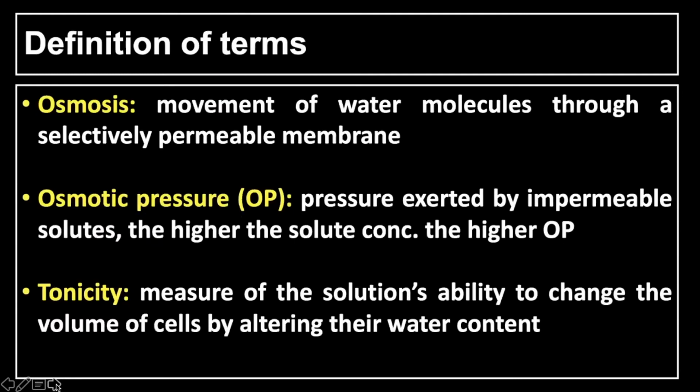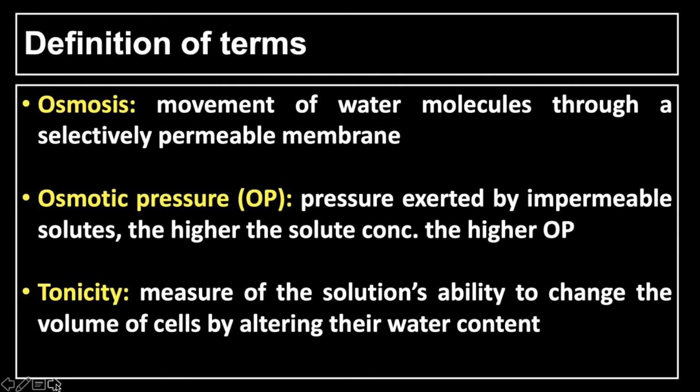So we will also define the term osmosis, which is the net movement of water molecules through a selectively permeable membrane. Next, we have osmotic pressure, which is the pressure exerted by the impermeable solutes, for example, the proteins, an example of which is albumin, in which if there is higher solute concentration, there would be a higher osmotic pressure.